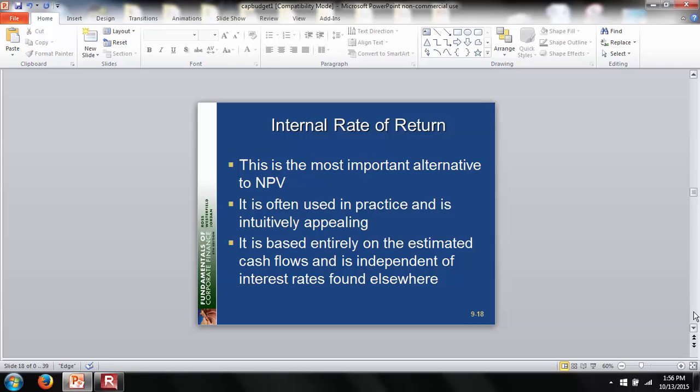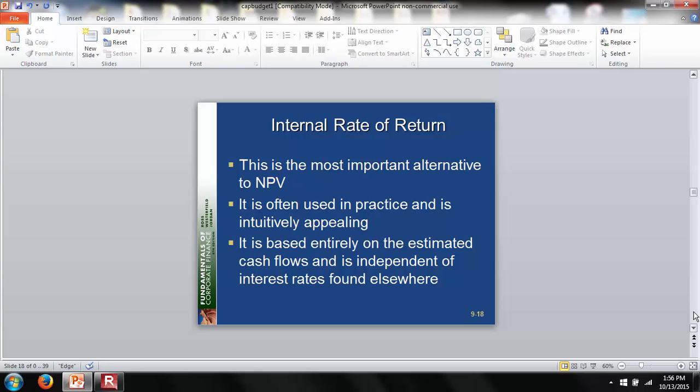As an example, you plug in the numbers and you find that the IRR is 15%. What that tells you is that for every dollar you invest, you are making 15 cents. Or it tells you that at an interest rate of 15%, you're going to break even on the project.